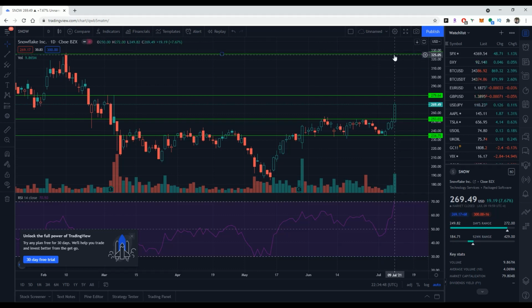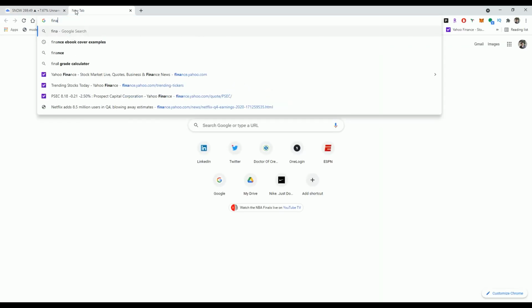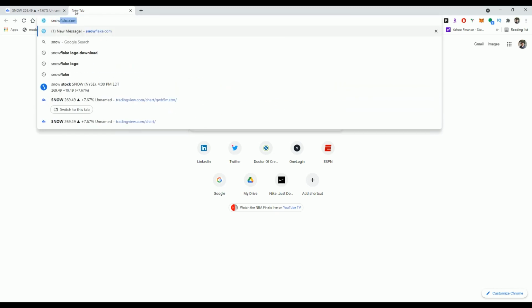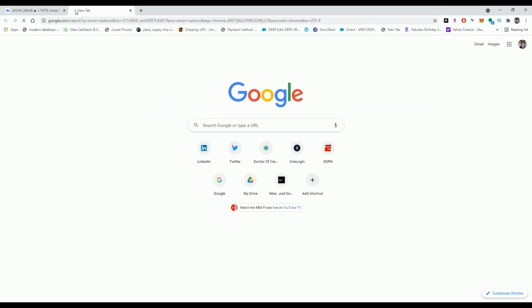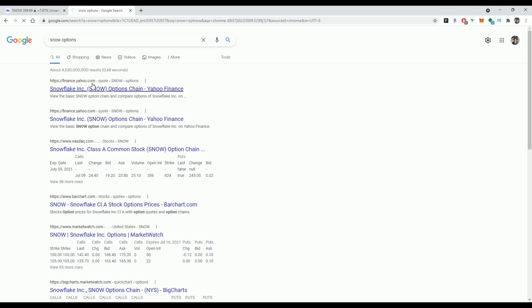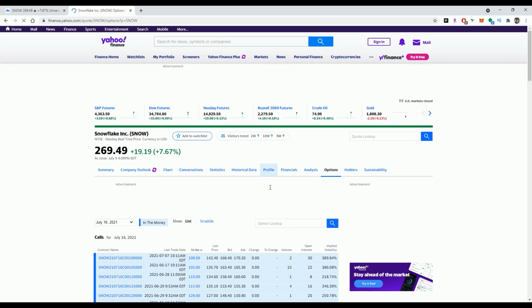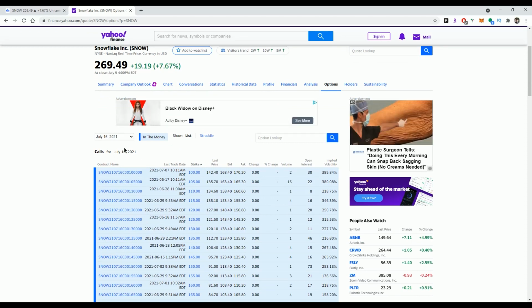With that being said, my Snowflake option for the 255 strike is currently up over 100%. I bought it around $9, and if we look at Snowflake options with Yahoo Finance, let's look at the exact one that I bought.